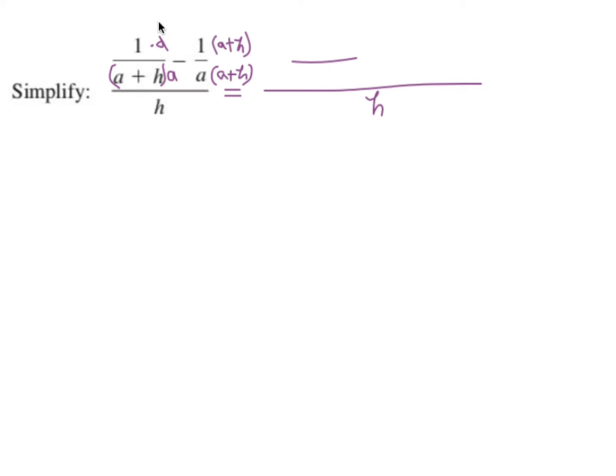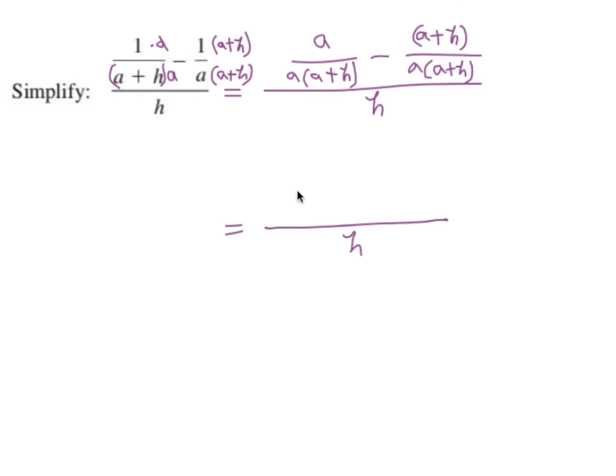So the first fraction will be a upon a plus h, and the second has a negative sign, a plus h upon a plus h, or we can write it in brackets. Now here we have the same denominator, so we can easily subtract the numerators.